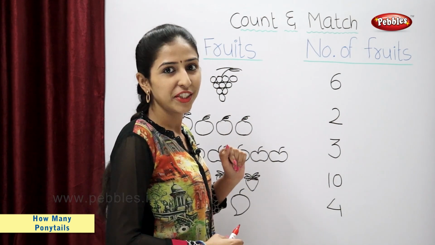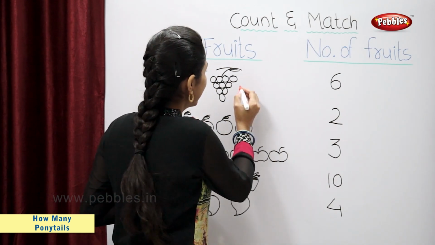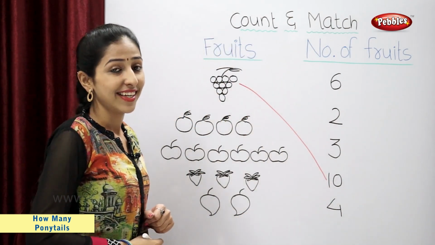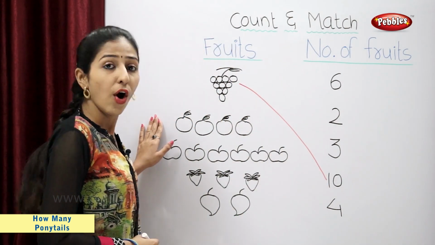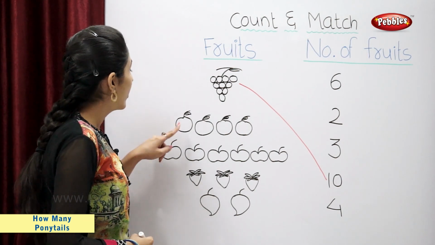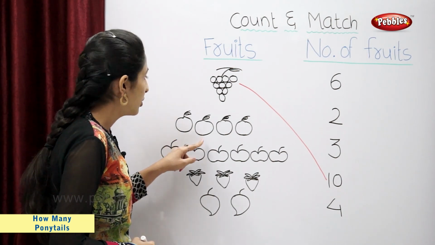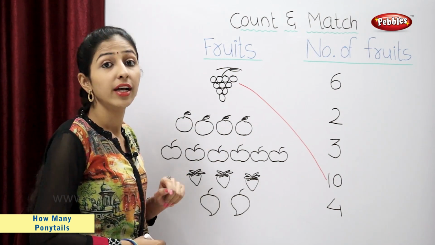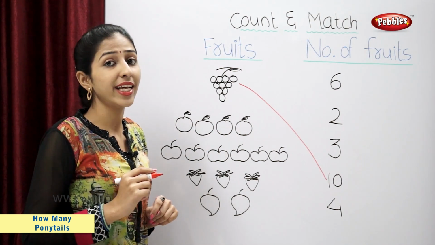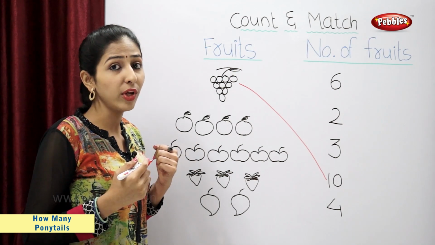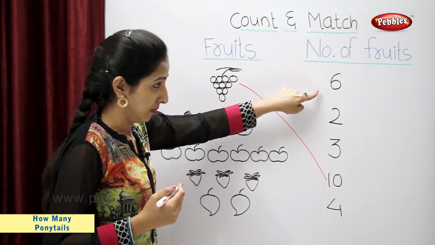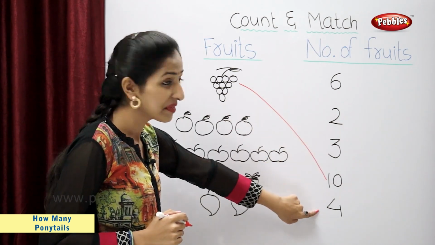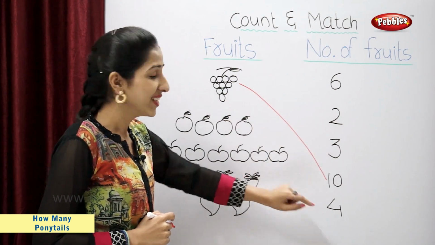Now let's match them. Now let's count oranges. 1, 2, 3 and 4. Students, now you tell me, where is number 4? Number 4.